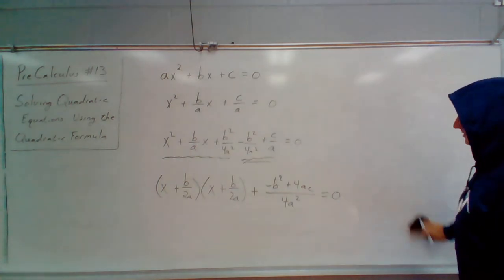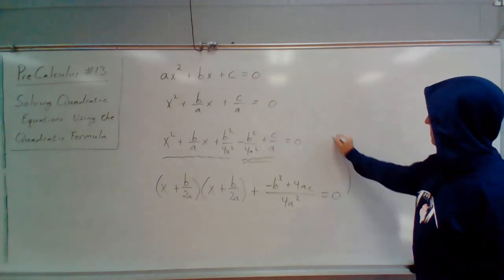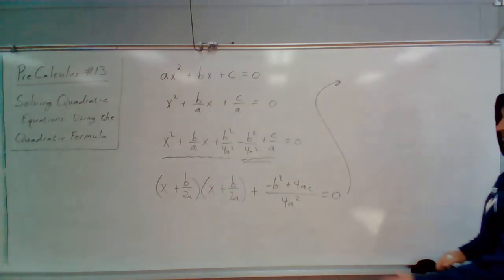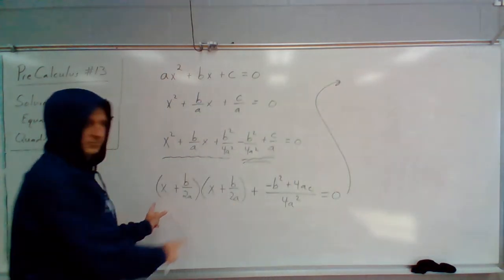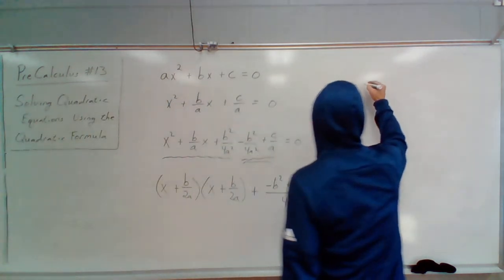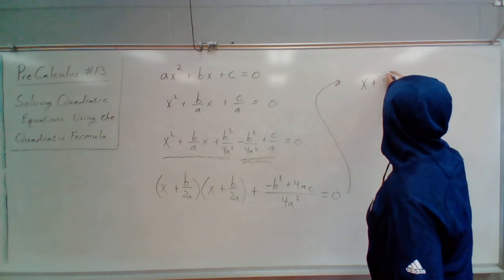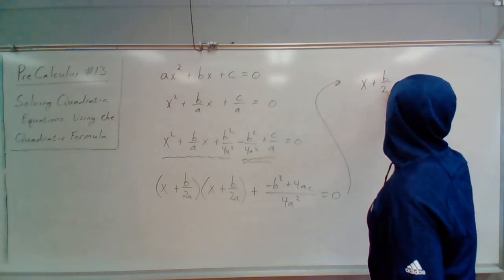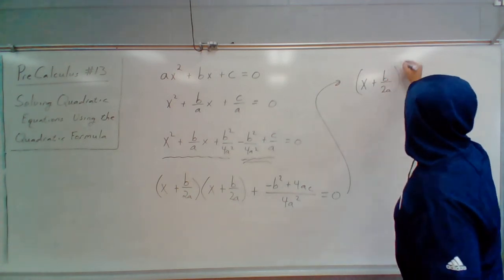All right. Let's move on up here. And these two are the same, so I can write it as this squared. So we will have x plus b over 2a squared.